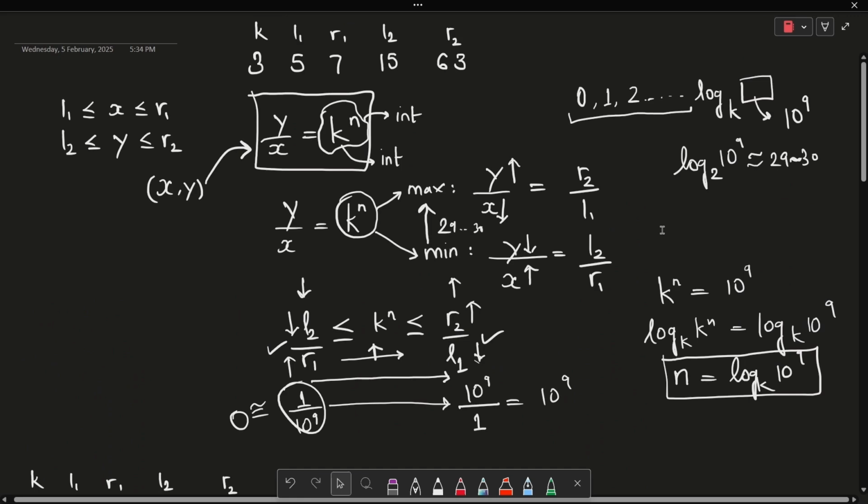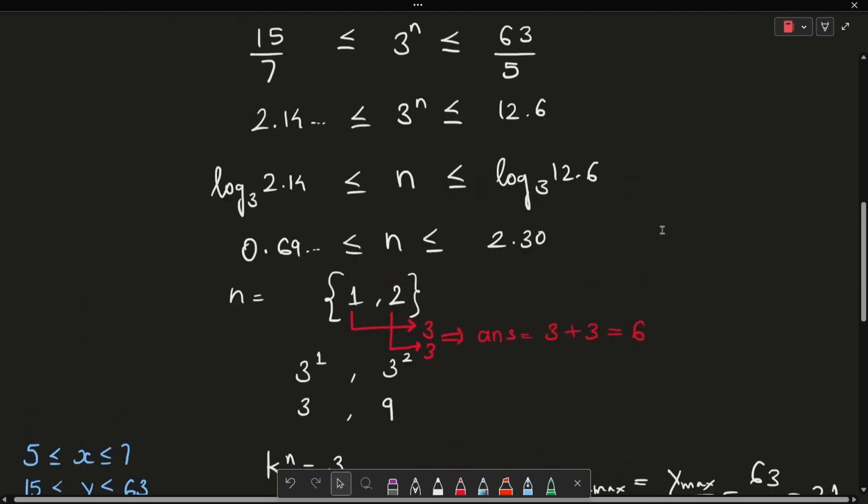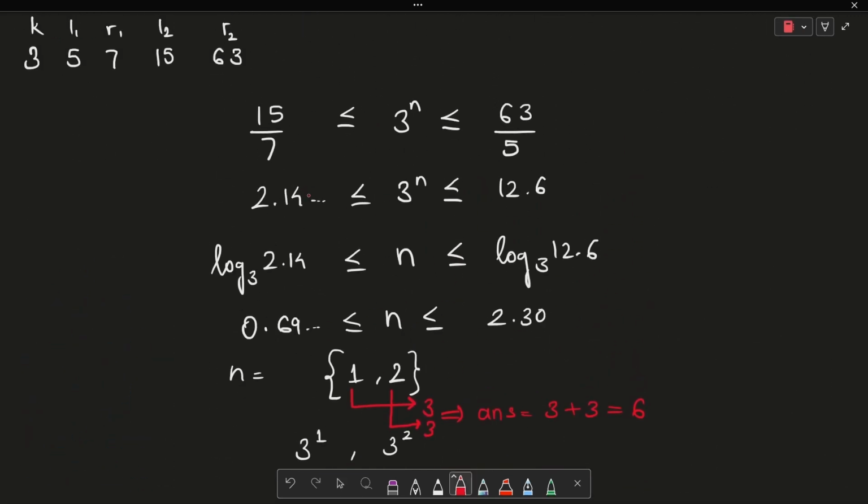It's very simple. First of all, I'll find the maximum and the minimum possible values of k to the power n, and then I can run a loop of n which will start from log of the minimum possible value to the base k and go up to log of the maximum possible value to the base k, right?